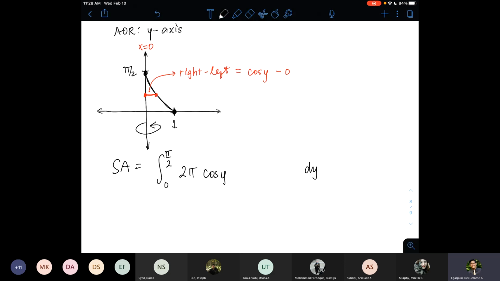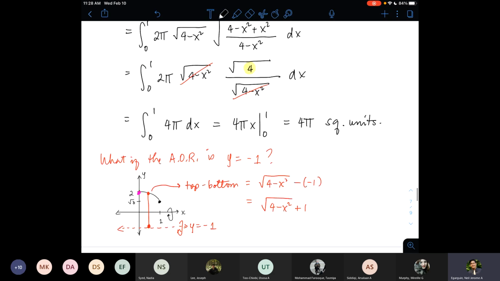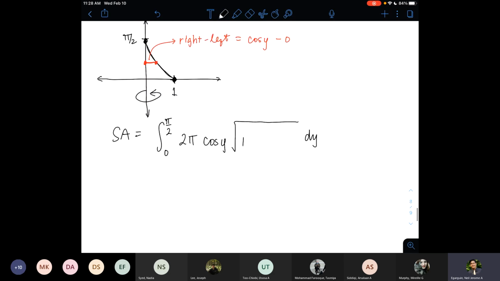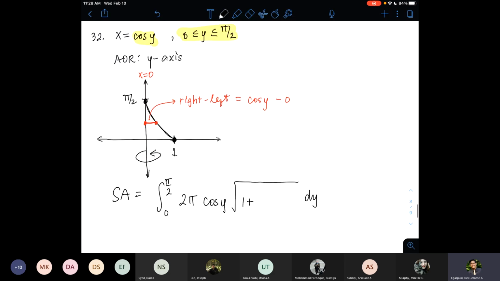Times the arc length, right? But remember, the integrand for the arc length is the square root of 1 plus derivative squared. But here we know that g of y is the cosine function. So g prime of y would be negative sine y.